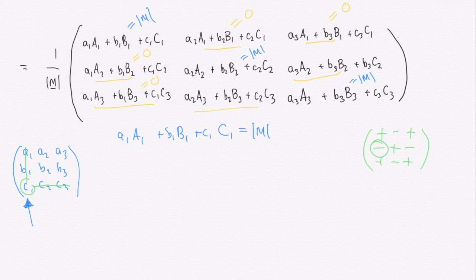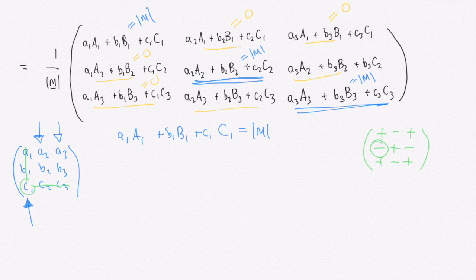Okay, so what about this middle element? Well, that is just expanding the determinant of the matrix by the second column. And this one here is just expanding the determinant by the third column. So those diagonal elements are all equal to the determinant of m. For very similar reasons, if you go ahead and calculate some of those elements that I have underlined in yellow, you'll conclude they are in fact all equal to 0.